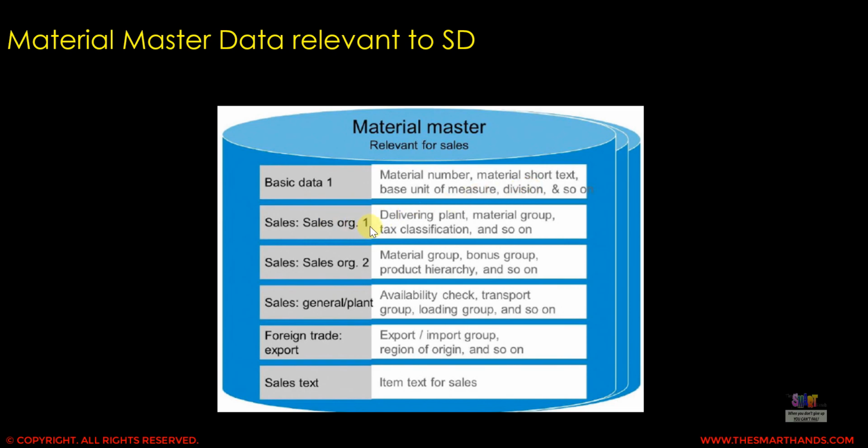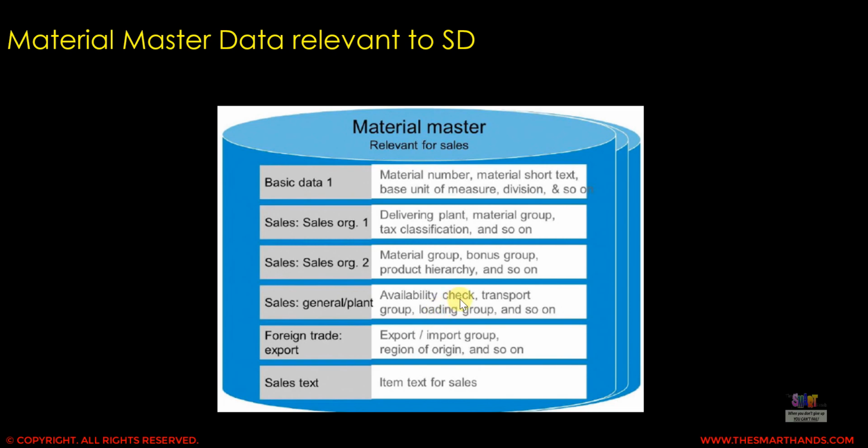Then we got the sales org data 1 tab, where we maintain things like the default delivering plant, material group, text classification, and all that. Then we also maintain sales org data 2, where we maintain other data like product hierarchy, bonus group, etc. Then we also have another tab which is relevant to sales, which is called general plant data.